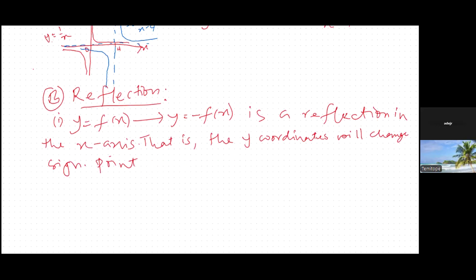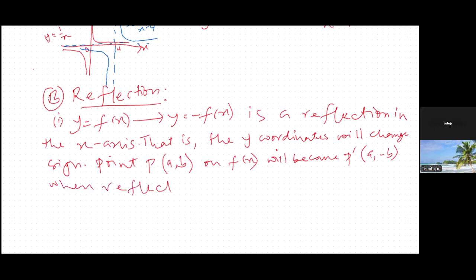Point P, which is at (a, b) on f of x, will become P prime (a, minus b) when reflected in the x-axis.